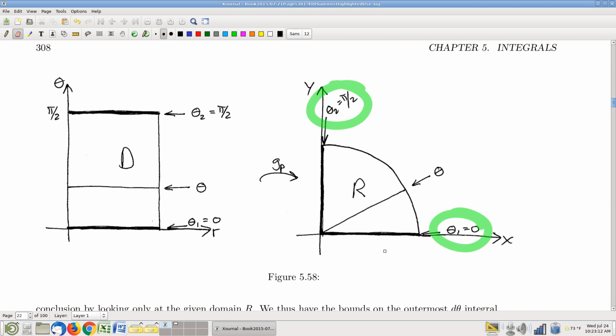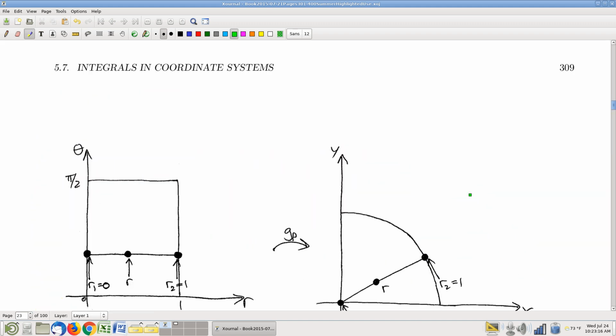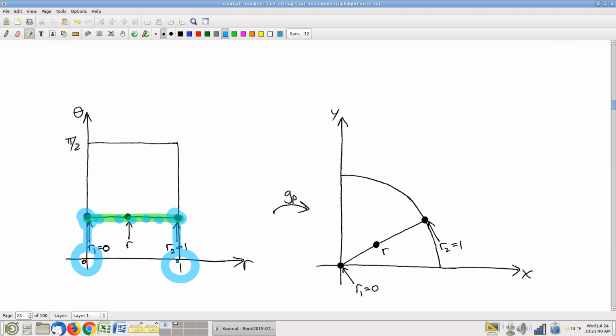Okay, likewise, now let's talk about the R bounds. On a given theta slice, theta goes from here to there, and once you've found the theta bounds, you fix a value of theta, and then you focus your attention on R. R starts there where R is 0, and then R ends there where R is 1. And that's how we slice things up. But notice you can see all of that in the xy plane as well.